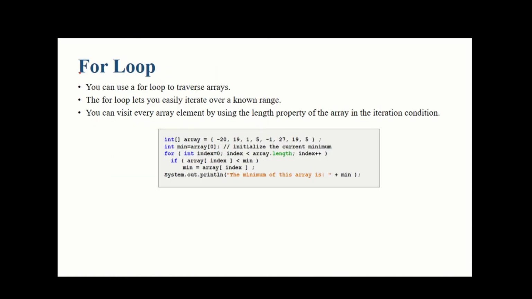We use one of two things: either the for loop, the first one, or the for each loop. The for loop is just a loop. Say you want to repeat some code more than 10 times.